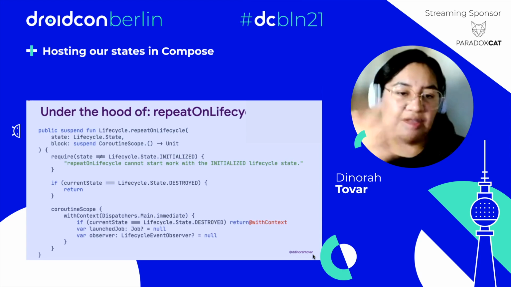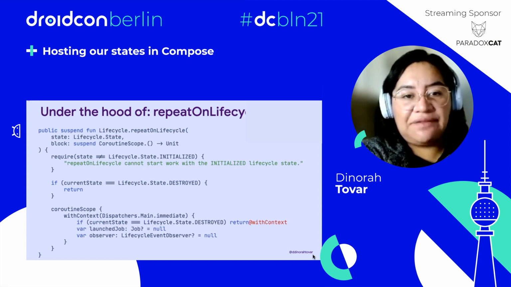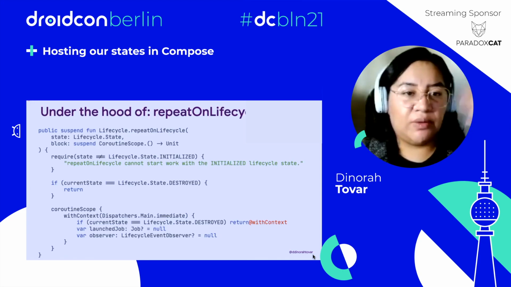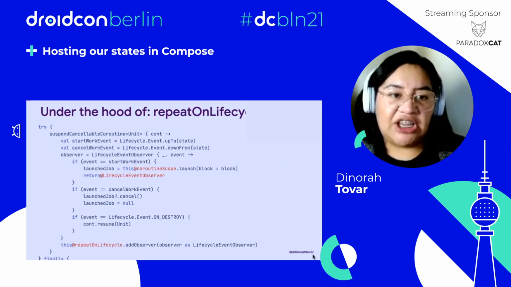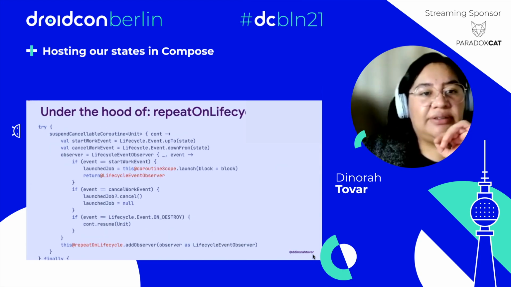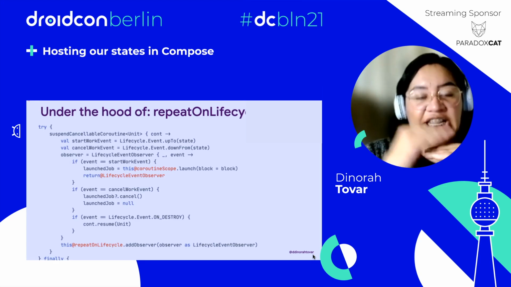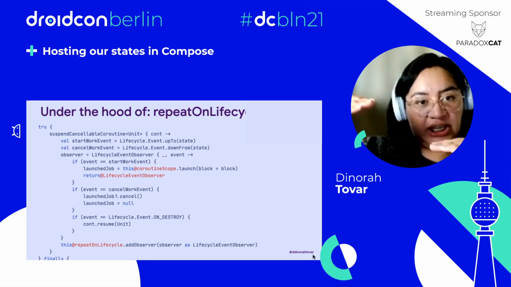We are setting up the main dispatcher that we are going to have. We have a withContext, and we are making sure that the lifecycle state is not destroyed again, and we go over that. Inside of this try-catch, we have pretty much a way to access the state, the lifecycle of your activity.